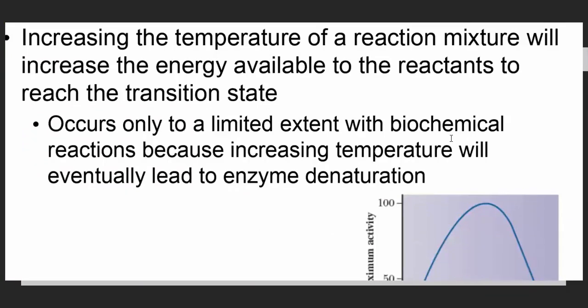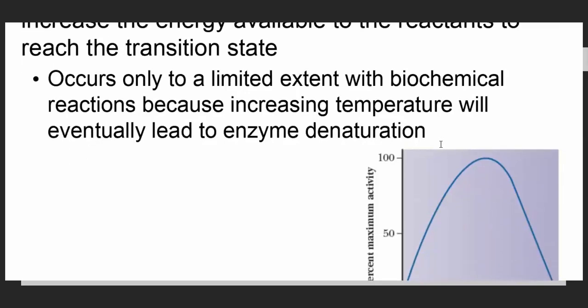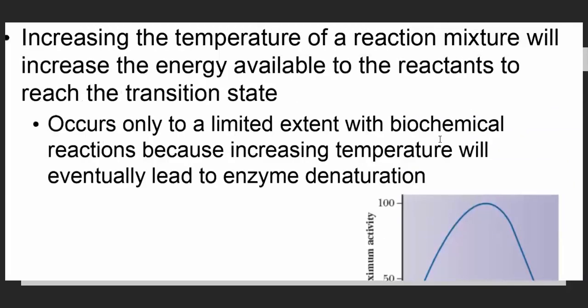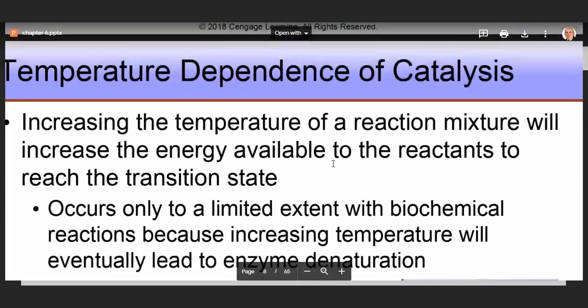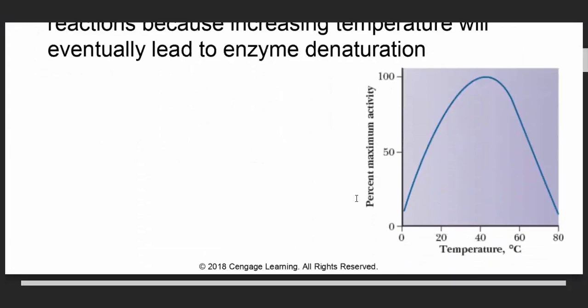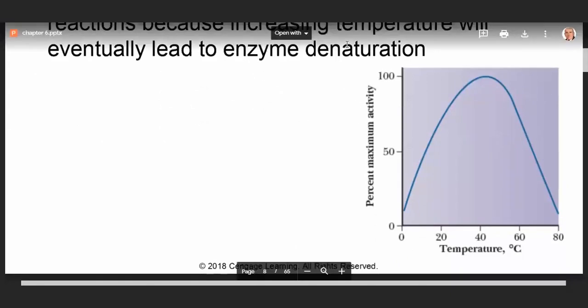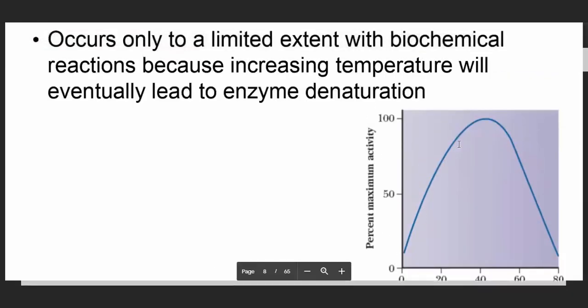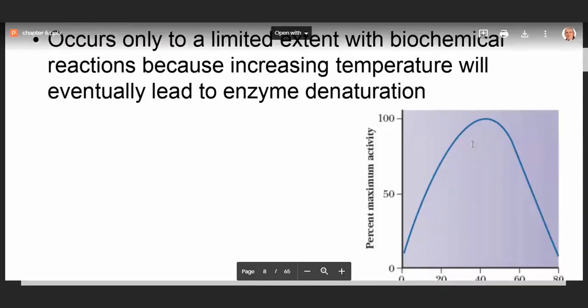Now, if we look here at biochemical reactions that occur in our body. We see here, if we plot percent of maximum activity versus temperature, at the beginning there is an increase in activity with increasing temperature, until we reach here.